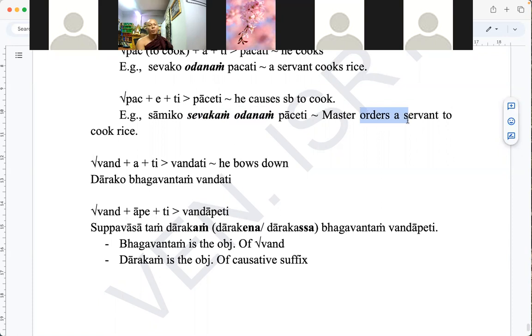Order a servant to cook rice. In English, order a servant is one phrase, to cook rice is another phrase, you see? That is the information we should know. So the object of the root should be immediately before the verb. But for the causative verb, it may be in another place.